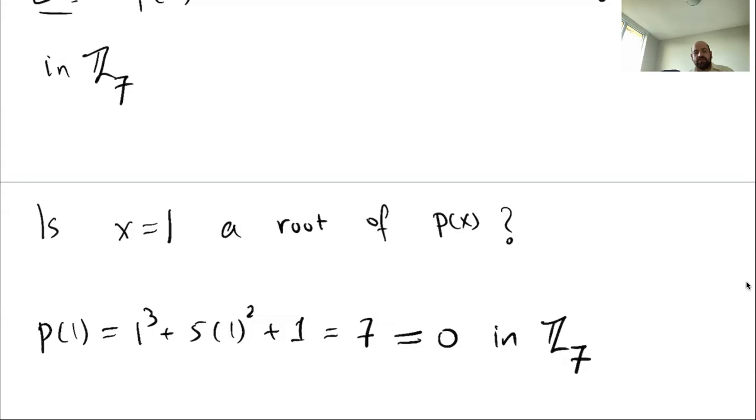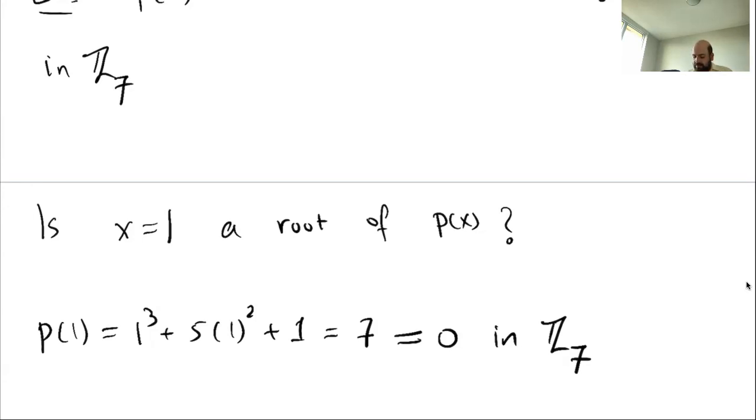Why? Because again, what is the meaning of equality of two numbers in Zp? Two numbers are called equal in Zp if they are congruent mod p. So are 7 and 0 congruent mod 7? Does 7 divide 7 minus 0? Yes, 7 divides 7 minus 0 because 7 divides 7, right?